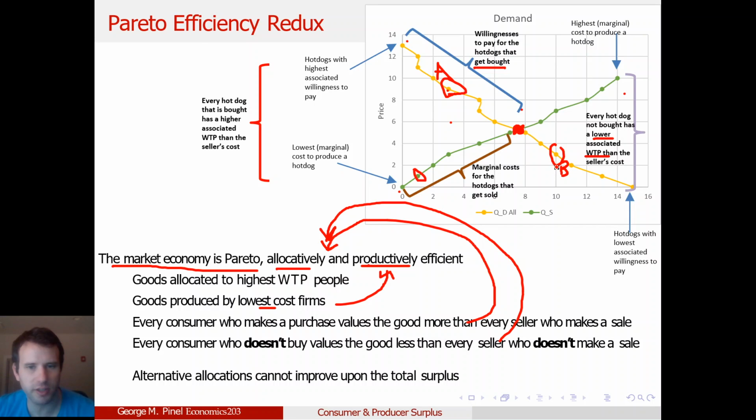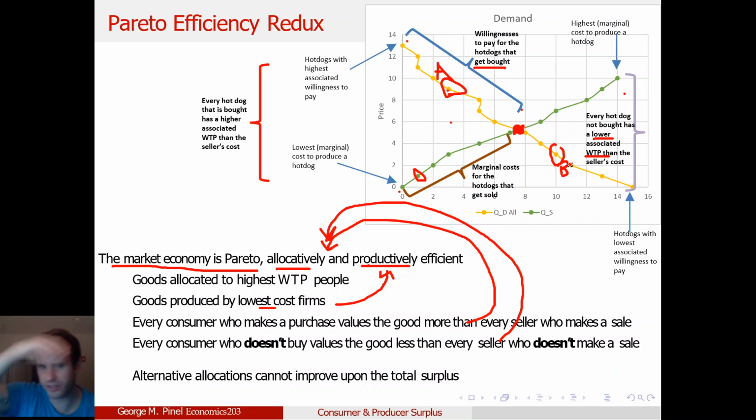If we were to give the hot dog to B, even if we took it from a low-cost producer and we dropped the price down to exactly the producer's cost, he'd have a lower consumer surplus than A. And when you take away consumer surplus from A to give it to B, you're decreasing the total consumer surplus, and you're basically not making consumers better or producers better. You're taking away from A, giving it to B at a lower rate. You're being Pareto inefficient. Okay.